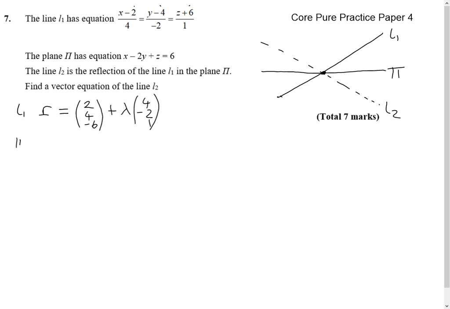I'm then going to turn the plane into normal form, so r dot n equals 6. Remember r is (x, y, z), and if you multiplied it out, that would be equivalent to our Cartesian form. I want to find where those two intersect, so you write the coordinates of any point on the line and substitute that into the plane.